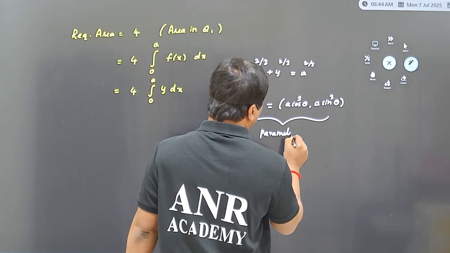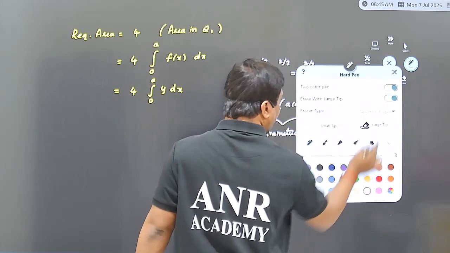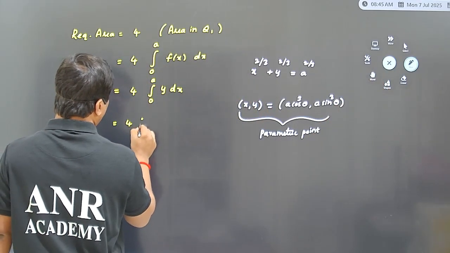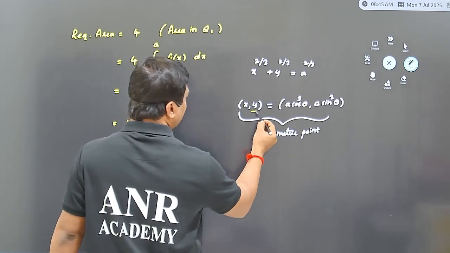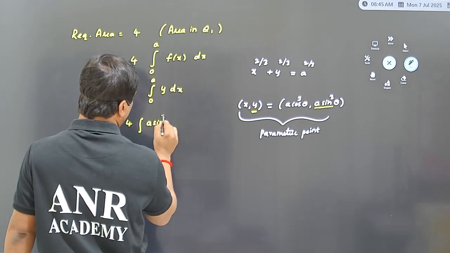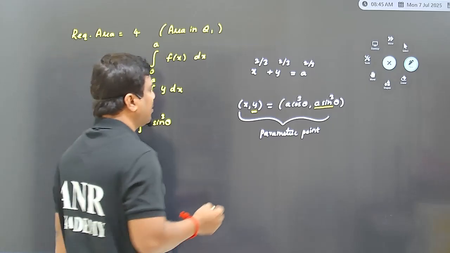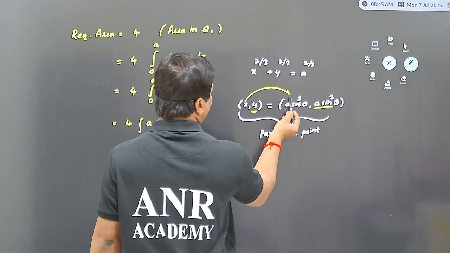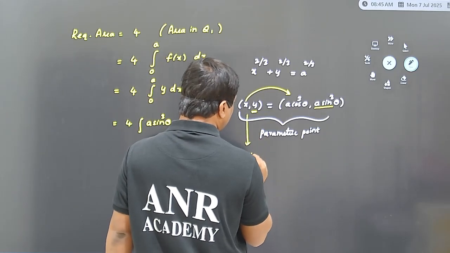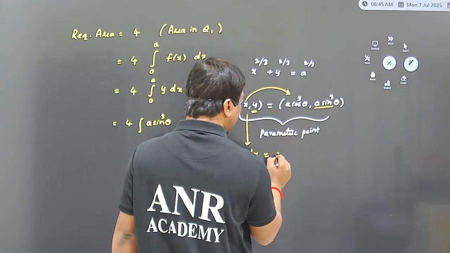With the help of this parametric point, here I am going to write the value of y. You know that the y coordinate is a sin cube theta. Next, you need to write dx. You have here the value of x, a cos cube theta. So from this, the value of dx is written as the derivative of a cos cube theta. a is a constant, so write it as it is.